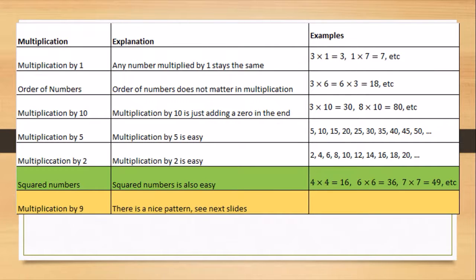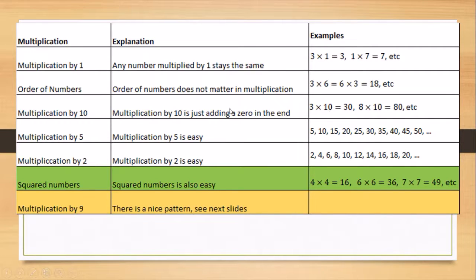Okay, let's take some notes. We know that multiplication by 1 is easy, so we don't really need to memorize this. And because order of numbers doesn't matter, we can only memorize half of it. And also multiplication by 10 is easy.